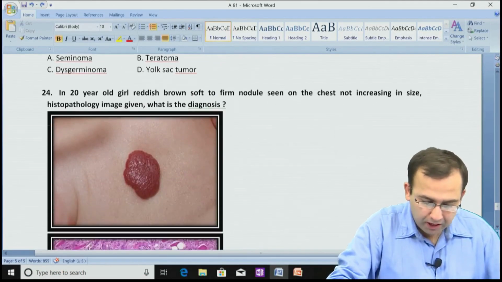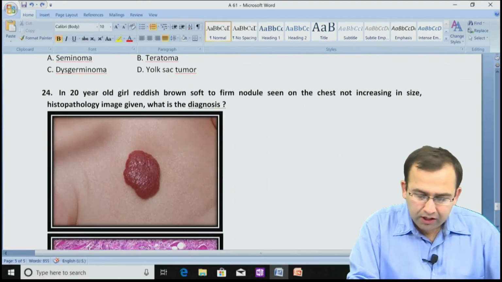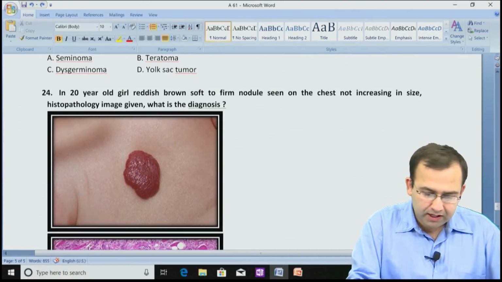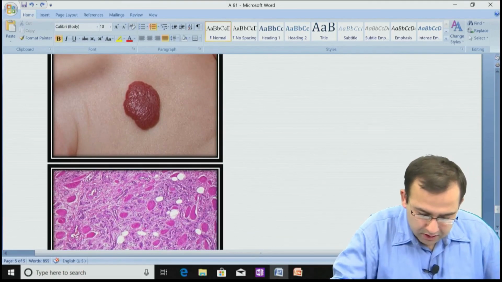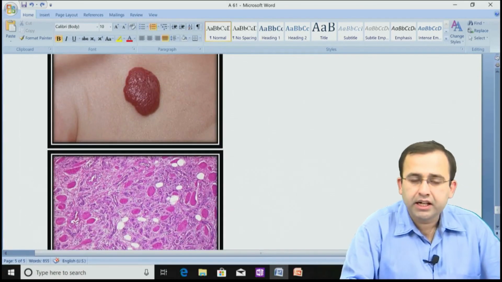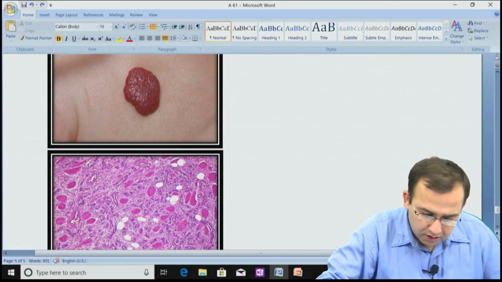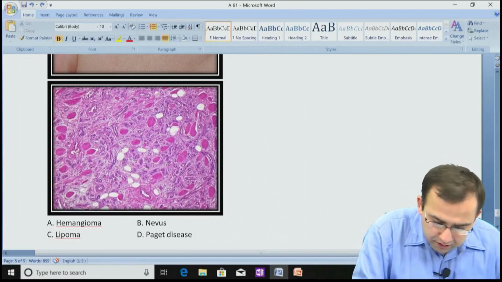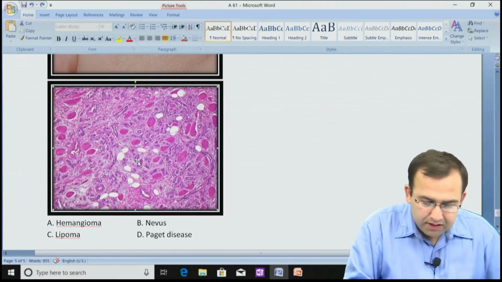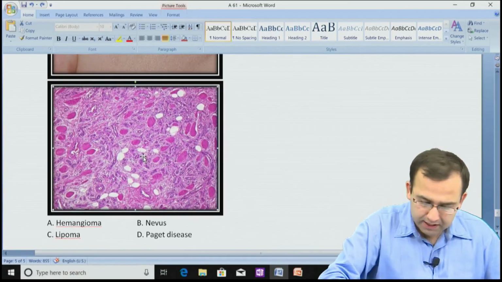Next, question 66. A 20-year-old girl, soft nodule seen in chest, not increasing in size. Diagnosis. This is a reddish nodule present on the chest of the girl. Microscopically, it is associated with the presence of numerous capillaries.